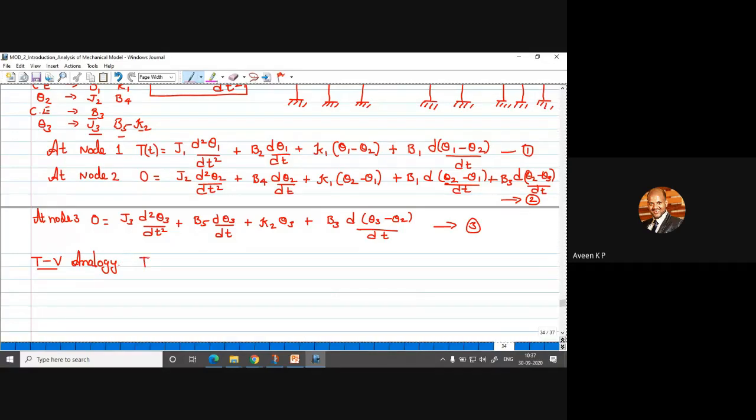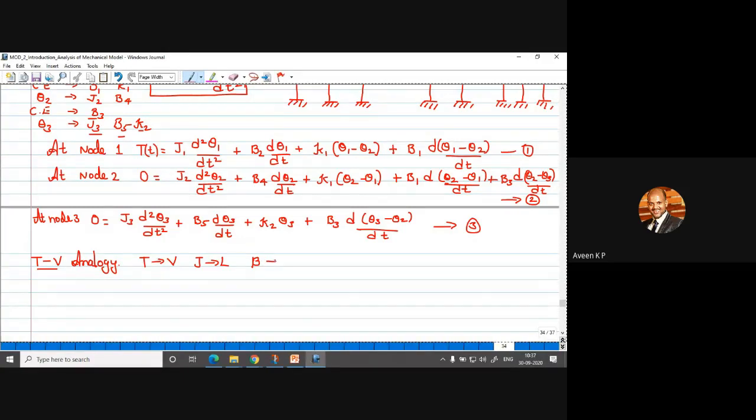In terms of torque T, you need to consider voltage V. In terms of J, inertia, you need to consider L. Previously, in translational systems, instead of mass we were considering, sorry, it's not C, it is L. Mass will be replaced by L, that is inductance. So similarly here, J will replace L and B will behave the same.